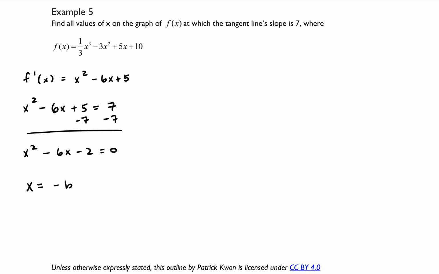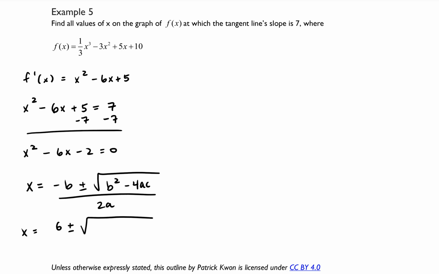The quadratic formula is x equals negative b plus or minus the square root of b squared minus 4ac all over 2a. So if I fill in those values, we get x is equal to 6 plus or minus the square root of negative 6 squared, which is 36, minus 4 times 1 times negative 2, all over 2 times 1.